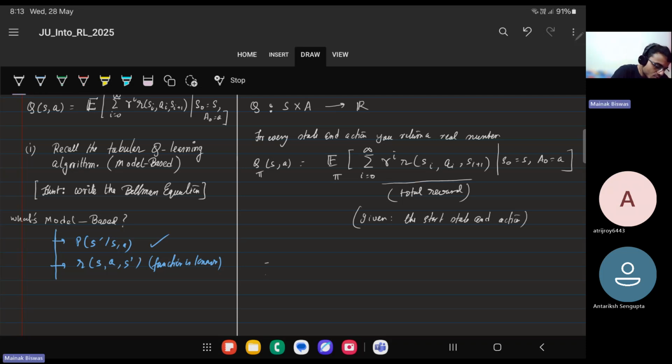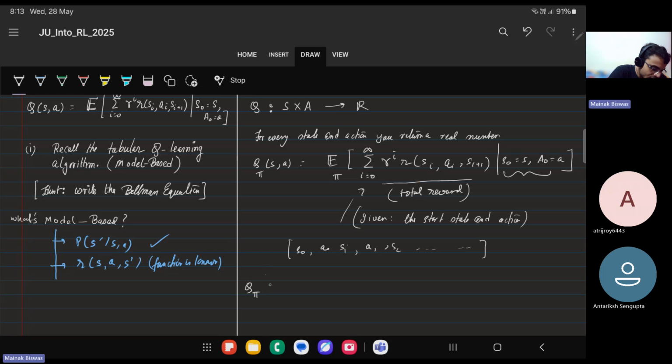So this is for the entire trajectory, right? This is for the trajectory S0, A0, S1, A1, S2, and so on. But I am being given only S0 and A0, and I want to write out a recursive function. We have done this again and again.